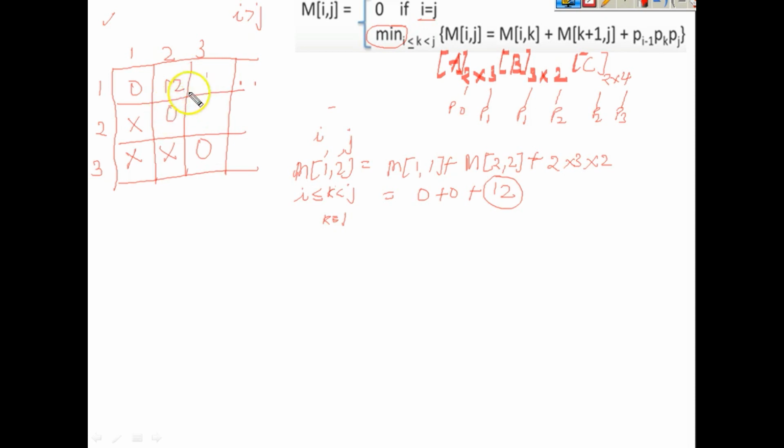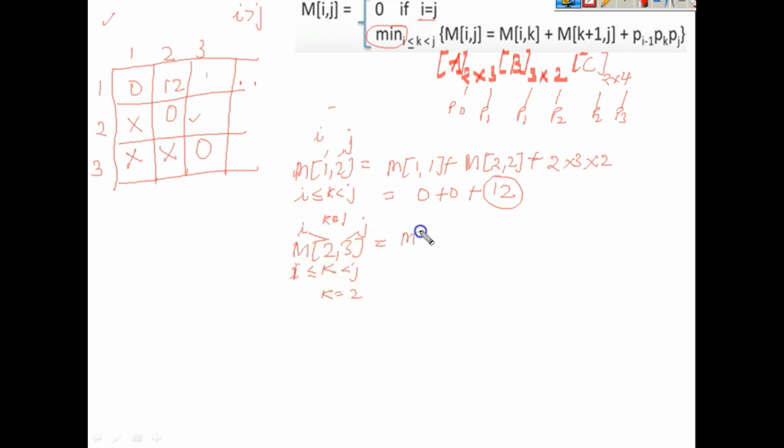Now we have two more cells remaining. First we solve this one based on the optimal substructure property. So I am going to solve M23. Here i is this and j is this, and we have k greater than or equal to i and less than j. So only one k is possible here, that is 2. We cannot have k equals 3 here.